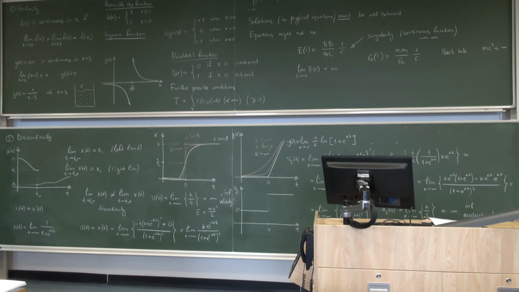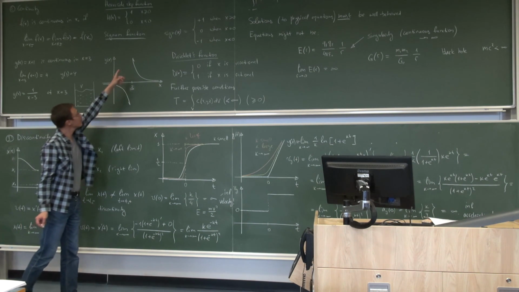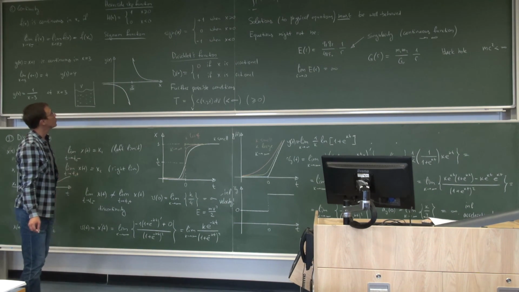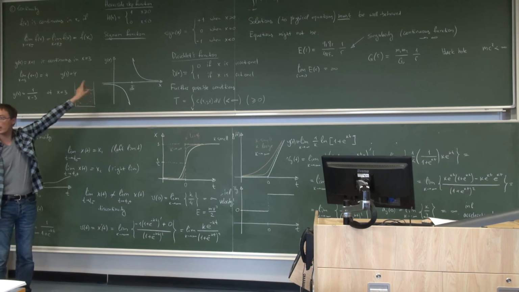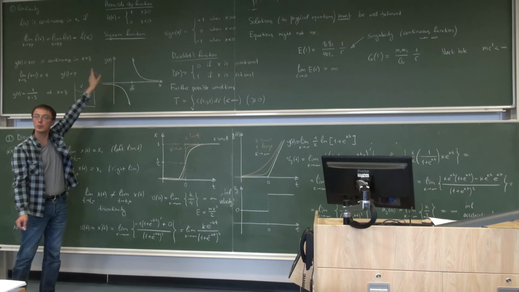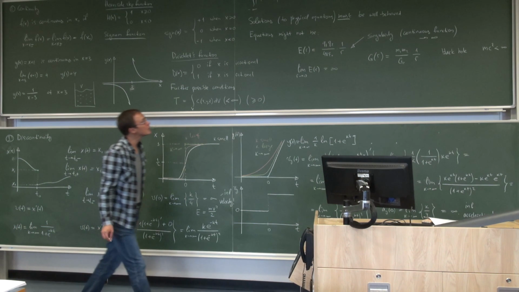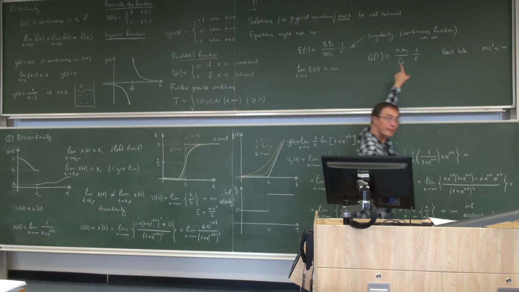The function is called continuous in mathematics formally if the left limit is equal to the right limit and it's equal to the value of the function at that point. We've seen an example of a continuous function and a discontinuous function that has a singularity at x equals 3, because it's continuous everywhere except 3, and at 3 it goes to plus or minus infinity, which happens to be the definition of the singularity.